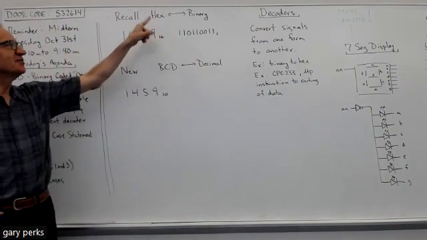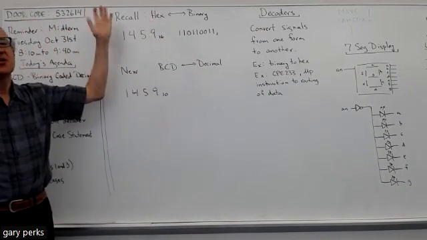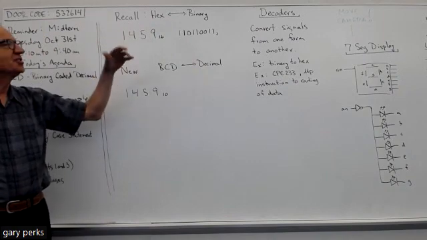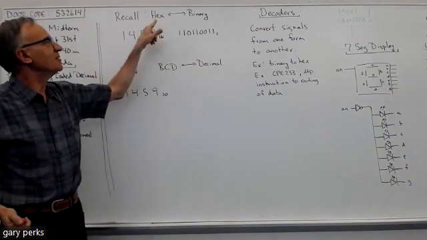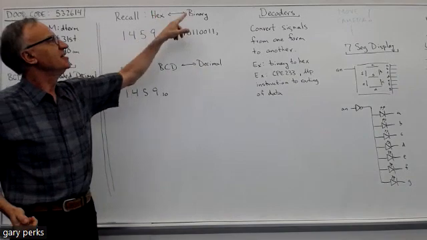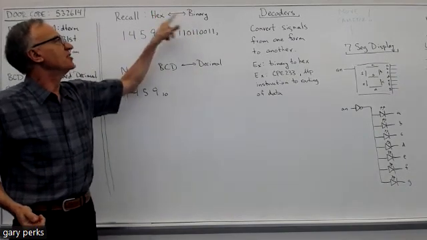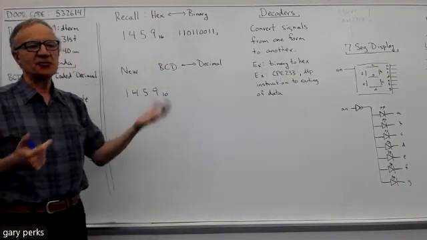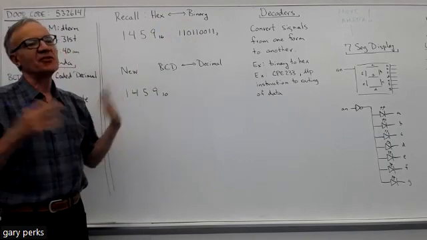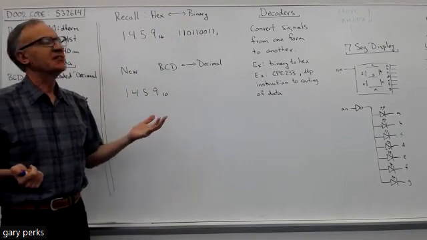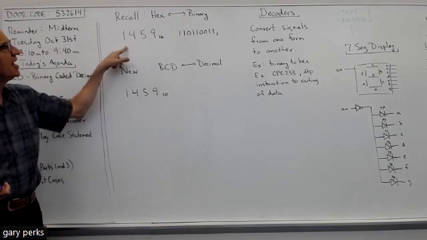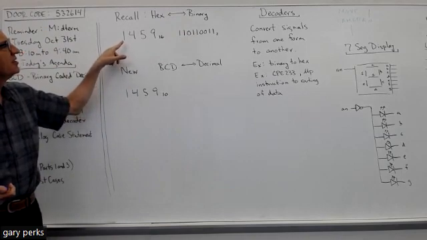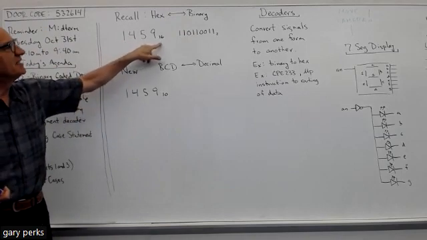This is something we talked about on the first day, when we did number bases and base conversion. Remember how you can go from hex to binary or binary to hex directly by grouping bits? You can do this without going through base 10. Say you had 1459 in base 16.